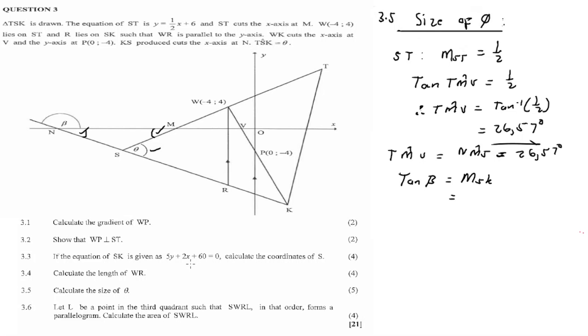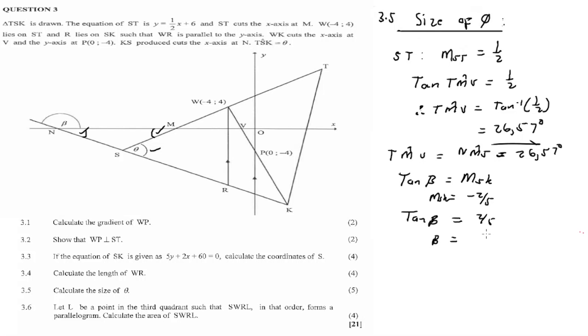Dividing both sides by 5, y becomes minus 2x over 5 minus 60 over 5. So therefore the gradient of SK is negative 2 over 5. Then tan beta is equal to negative 2 over 5.